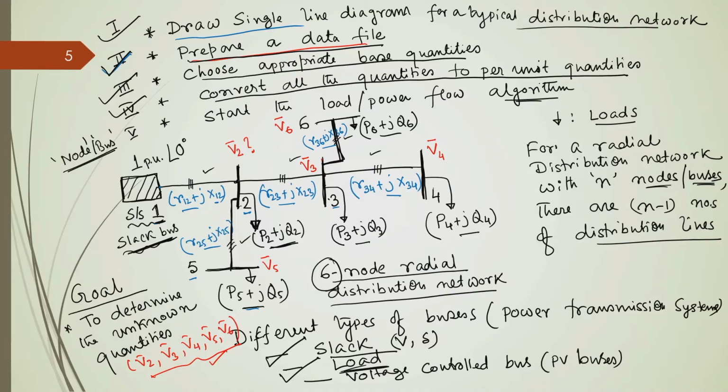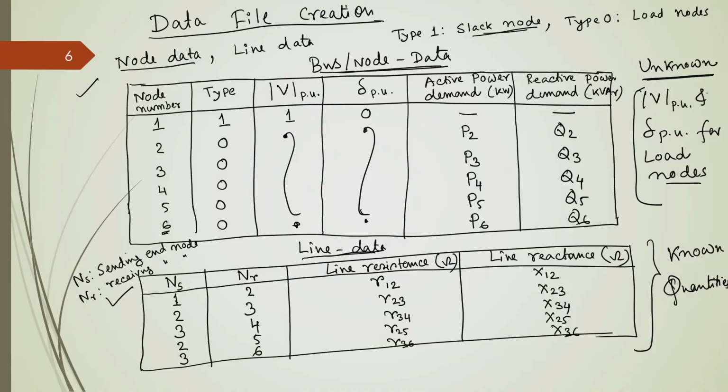This per unit conversion is an essential thing in any power system calculation. It not only makes the calculation easier, but also has several advantages, which I will talk about in my next lecture. Now, in order to convert to per unit quantities, we have to choose base quantities.